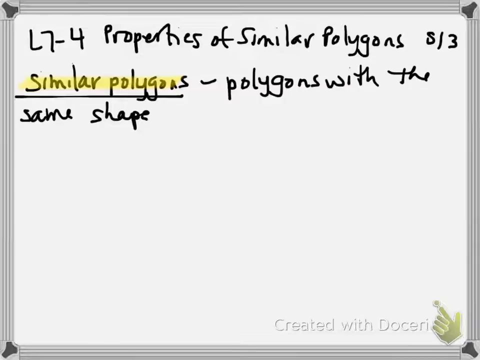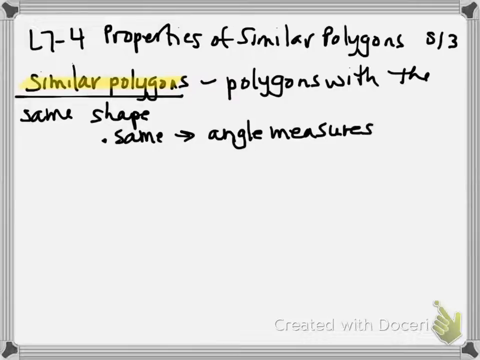Paul, you remember? Not the lengths of the sides, those aren't the same. What needs to be the same are going to be the angle measures. If the angle measures change from your original shape to your new shape, then you actually physically change the shape.